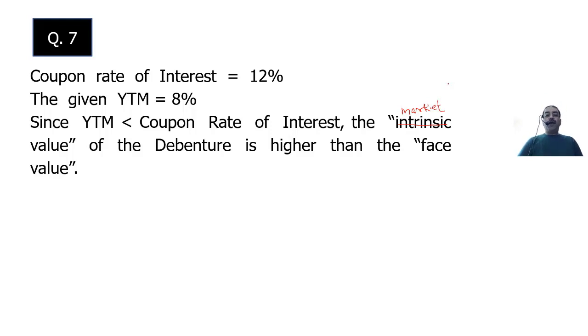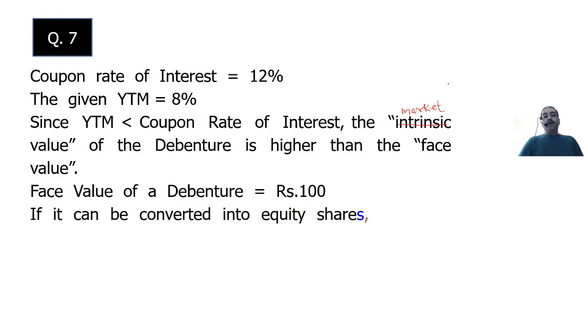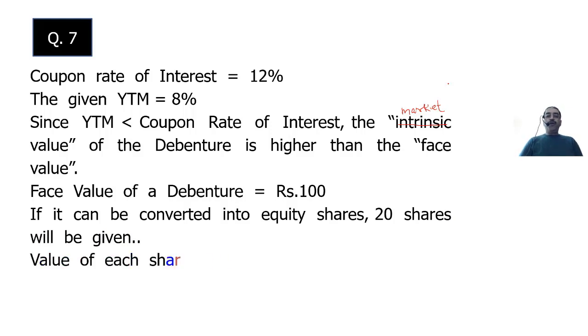Market value of the debenture is higher than the face value, or the intrinsic value of the debenture is higher than the face value. What is the face value? Face value of the debenture is 100 rupees. If this is going to be converted into equity shares, how many equity shares? 20 equity shares. Then I will be giving my debenture holders 20 equity shares. So value of each equity share will be 100 divided by 20.